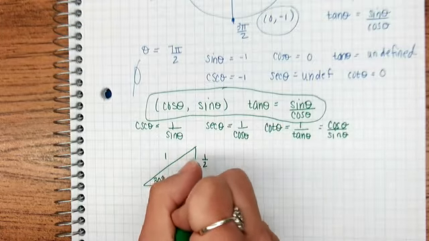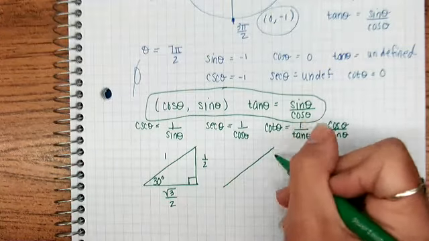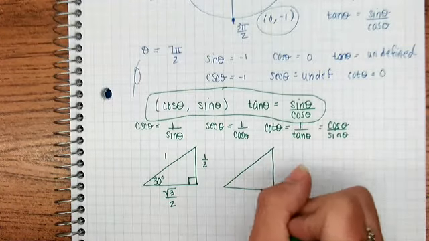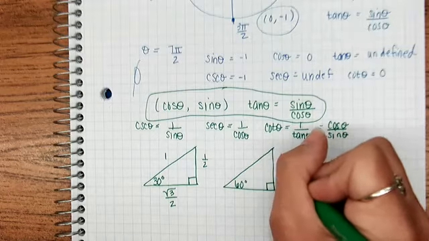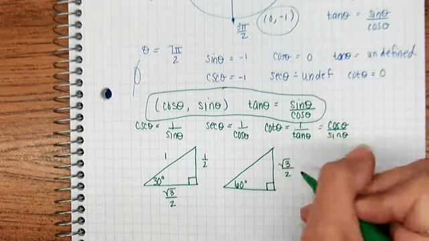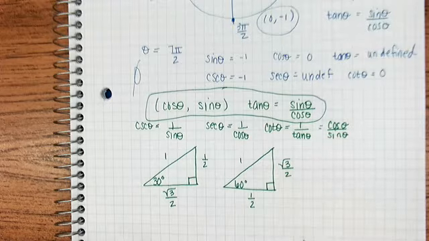Adjacent is √3 over 2. If you want, I usually don't draw the 60, but I think some of you may want to see it. And then 60. Opposite is √3 over 2. Adjacent is 1/2. They're switched.